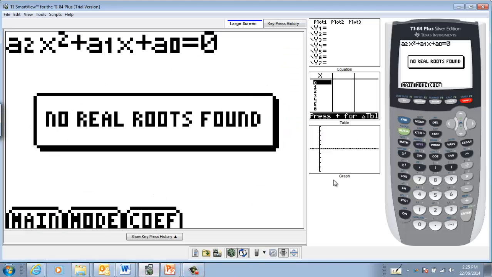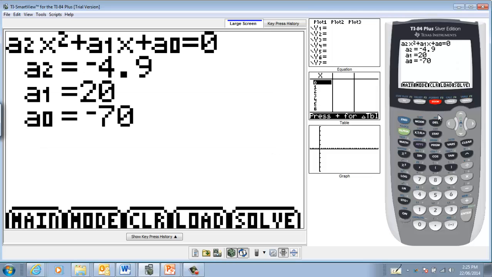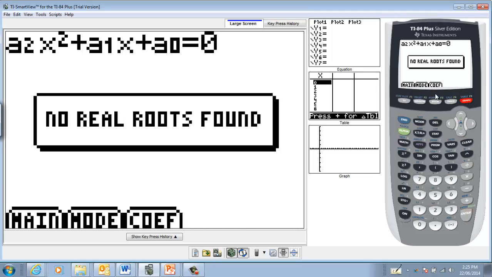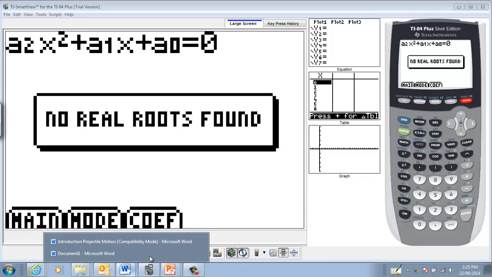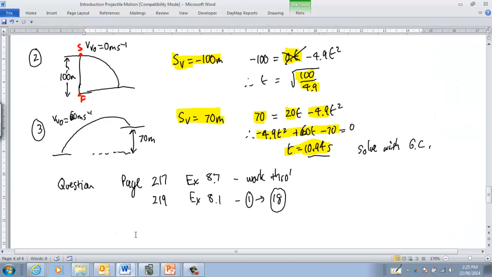I'll go back to the calculator, to the coefficient one. So minus 4.9, 20, and minus 70. That doesn't seem to want to work, but I'll show you that in class. It's a matter of just pressing it into some technology and getting your answer for that.